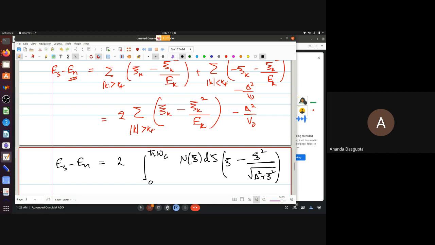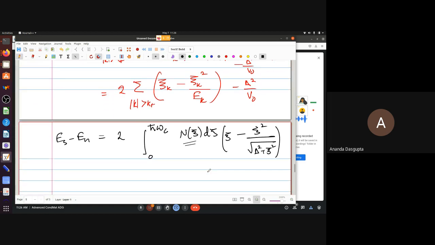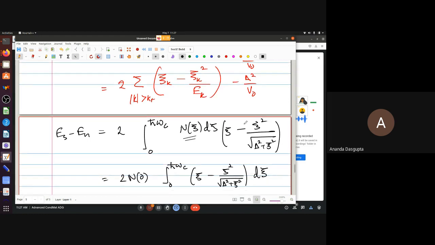So this is again an integral which would have been complicated if n xi were a complicated function, but within the approximation that we have been using so far, we have been treating n xi as a constant. Oh, sorry, I missed out the minus delta square by v0.